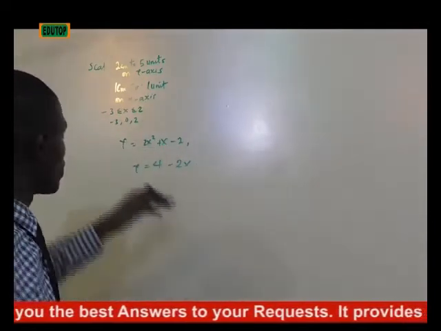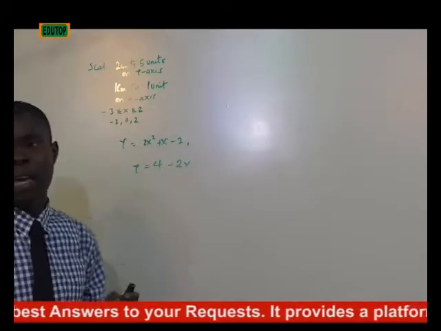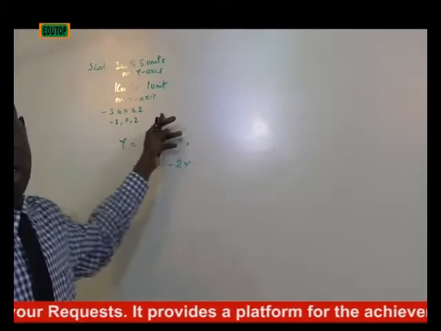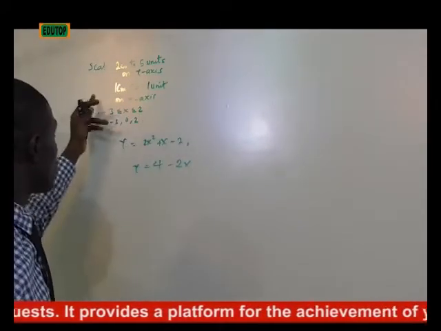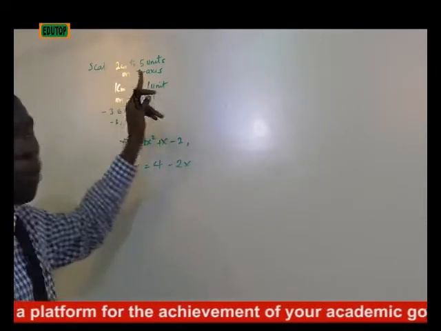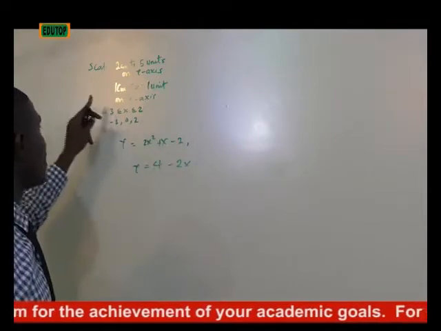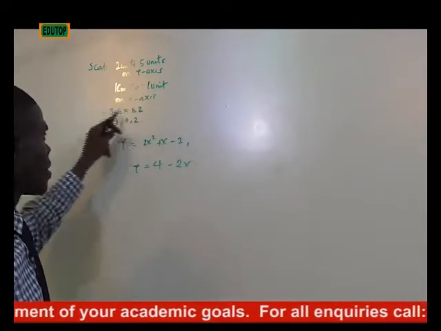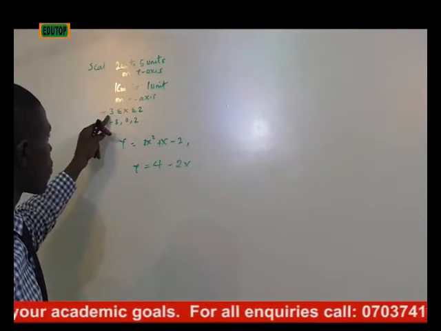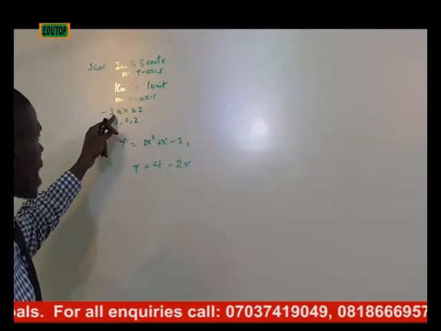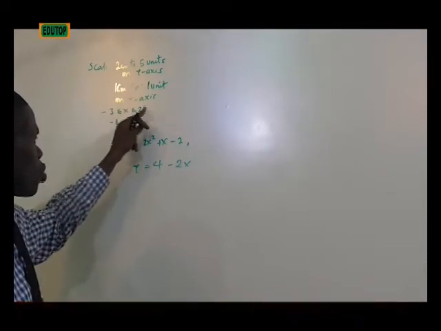So in this situation, we are not to draw a freehand graph. We must comply with the instruction that is given. The instruction given here is 2 centimeters to 5 units on the y-axis, then 1 centimeter to 1 unit on the x-axis. Given that the value of x ranges from minus 3 to 2.